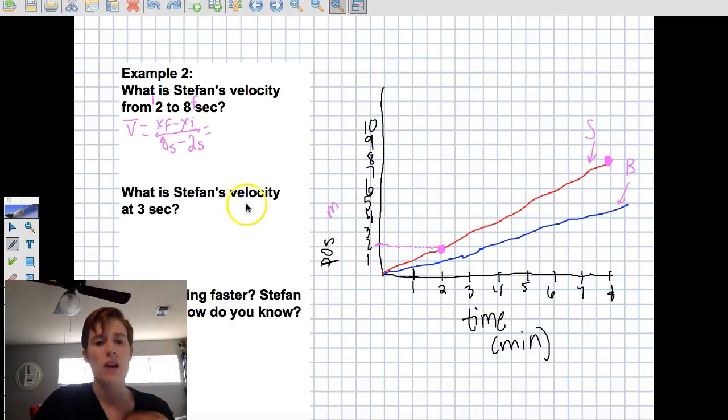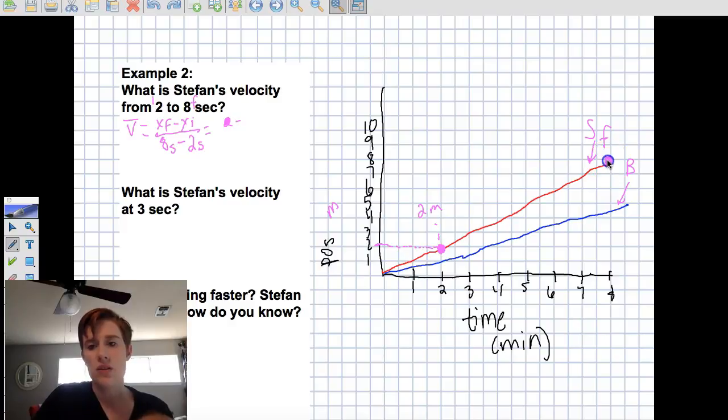meters, okay? So 2 meters was his final, minus, I'm sorry, that's not his final. I lied, right? This is not his final, this is his initial. If we're starting right here, this is the initial, this is his final. His initial position was 2 meters.